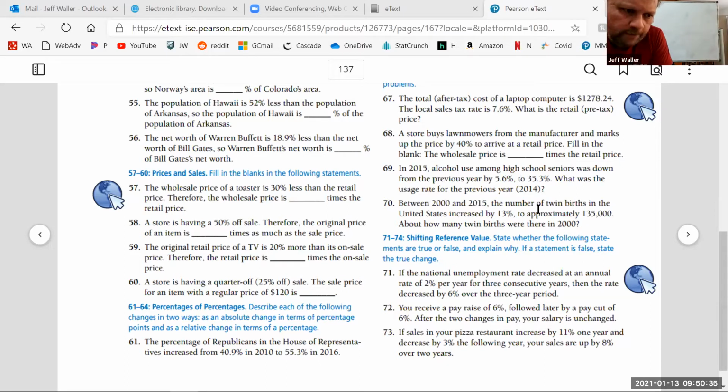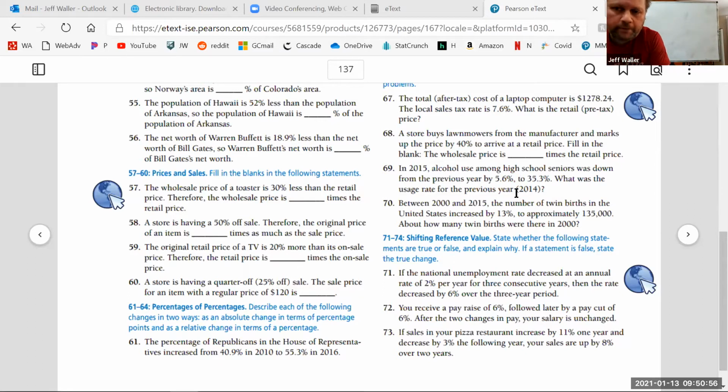Is this a case where you can just add 5.6 to 35.3 and get 40.9 and be done? I don't think so. No. What would they need to say if that was the case? They would need to say it's down by 5.6 percentage points.